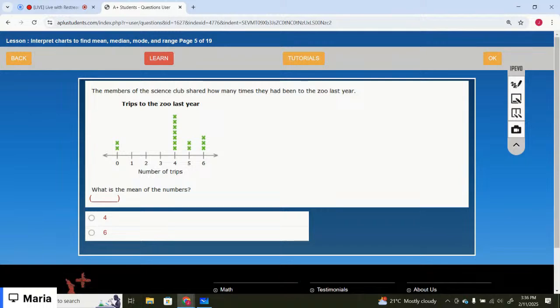The members of the science club shared how many times they had been to the zoo last year. What is the mean of the numbers?